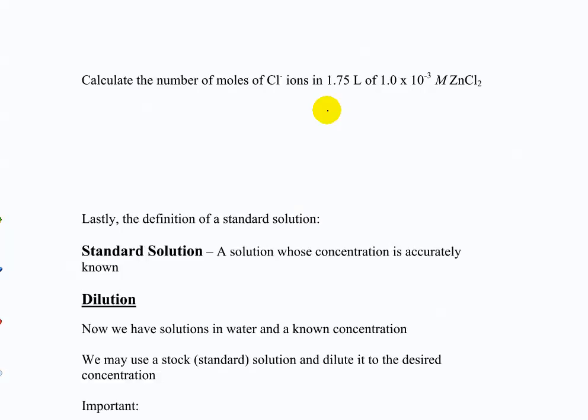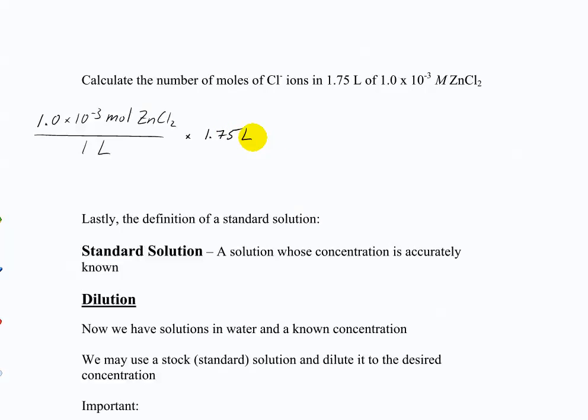All right, so here's how we use molarity to find just moles. It's kind of a backwards calculation. We start at 1.0 times 10 to the minus 3 moles of zinc chloride per 1 liter of solution. That's what the molarity means. And then we're going to multiply that by the volume in order to cancel. So we'll multiply that by 1.75 liters.